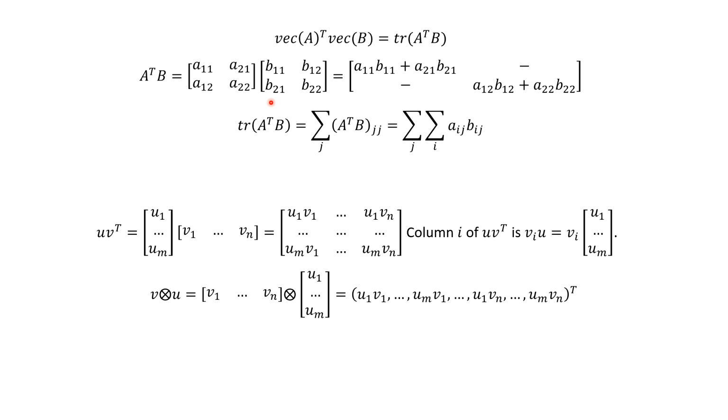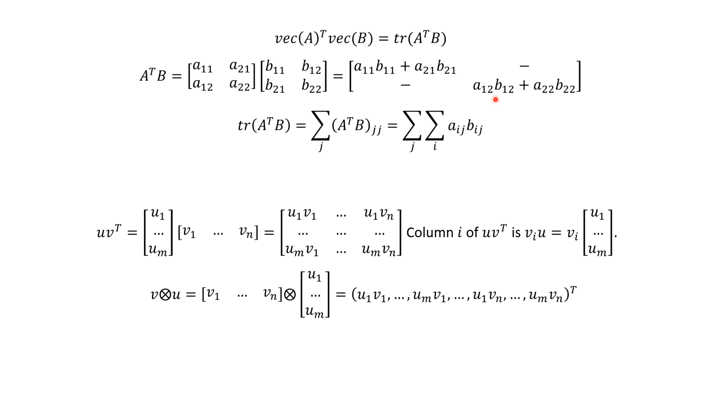Multiply that times B, then you multiply it out. We only need the diagonal elements because we're going to take the trace. So we multiply this row times this column, we get that, and then this row times this column, we get this. Then we take the trace of this, and we get A11 B11 plus A21 times B21.